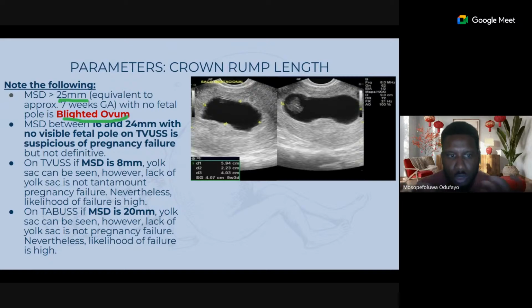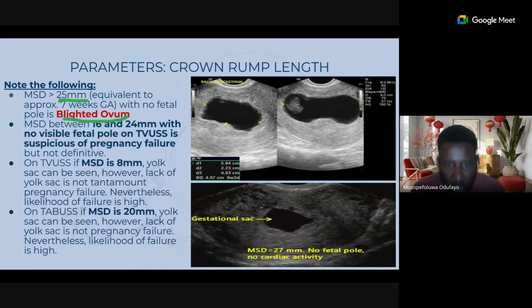You should be able to see a yolk sac if the mean sac diameter is about 20 millimeters. Is that okay? Lack of it does not show early pregnancy failure. We don't use the presence or absence of yolk sac to get early pregnancy failure, except if the diameter is greater than 6 millimeters. Is that okay? Good.